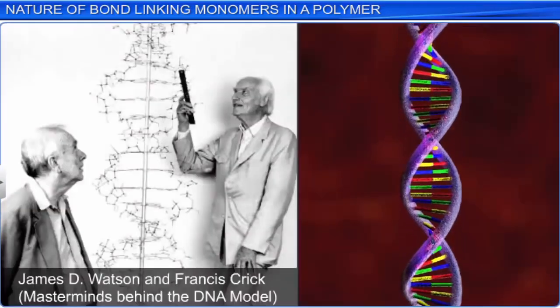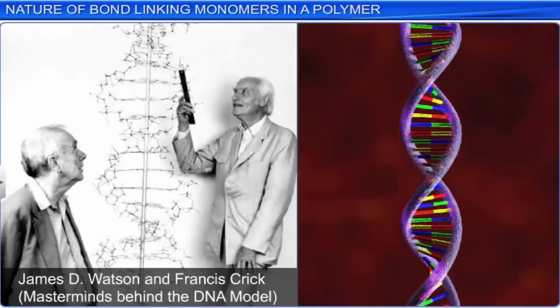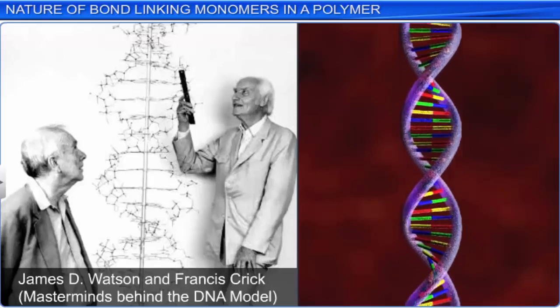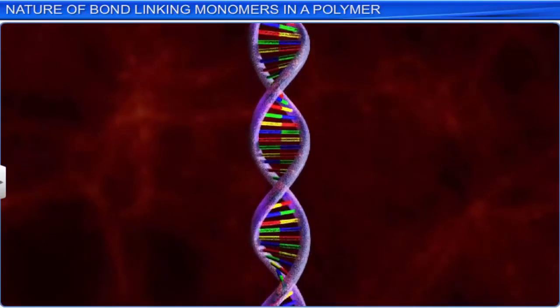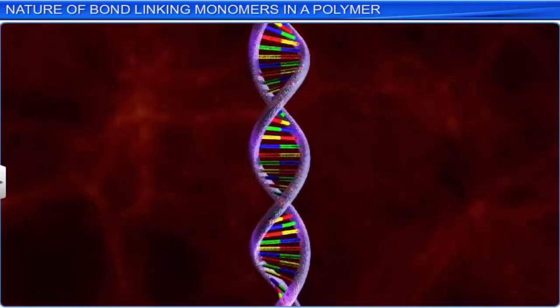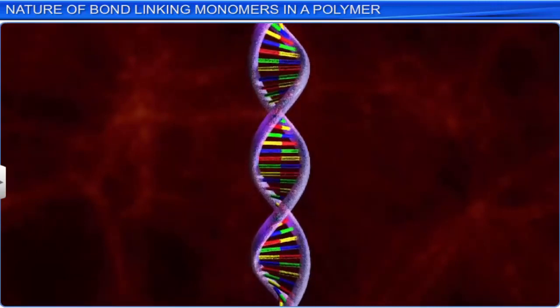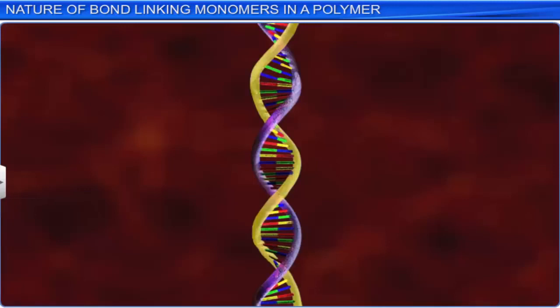According to the famous Watson-Crick model, the B form of DNA is the native conformation of DNA in solution. The B form of DNA is a metabolically stable configuration. Some of the features of B-DNA are that it exists as a double helix. Two strands of polynucleotides run in opposite directions.